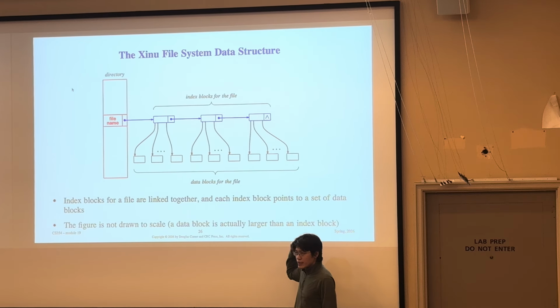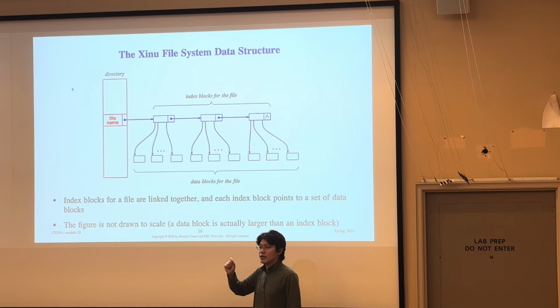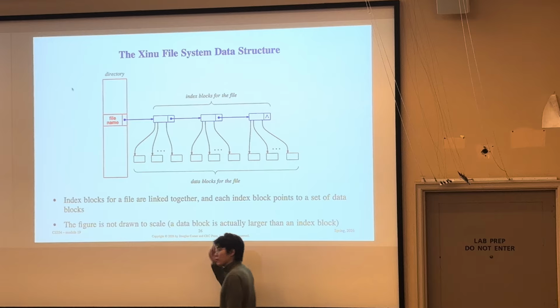In the Linux file system, at any point in time, for each file there is only one index block and one data block stored in memory. The Linux file system allows you to read from this specific data block or write to this specific data block. So we just want to do a quick recap.